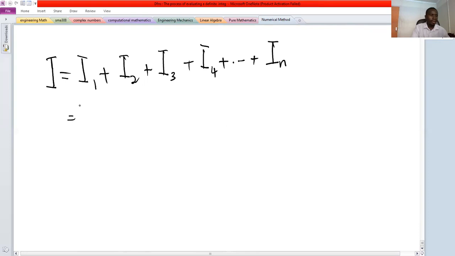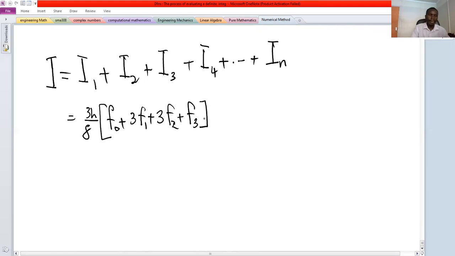This will give us I1, which was 3h over 8 into f0 plus 3f1 plus 3f2 plus f3, plus 3h over 8 into f3 plus 3f4 plus 3f5 plus f6.